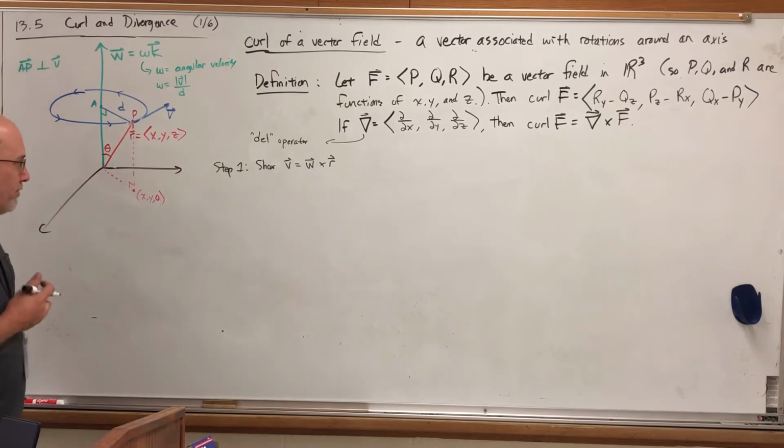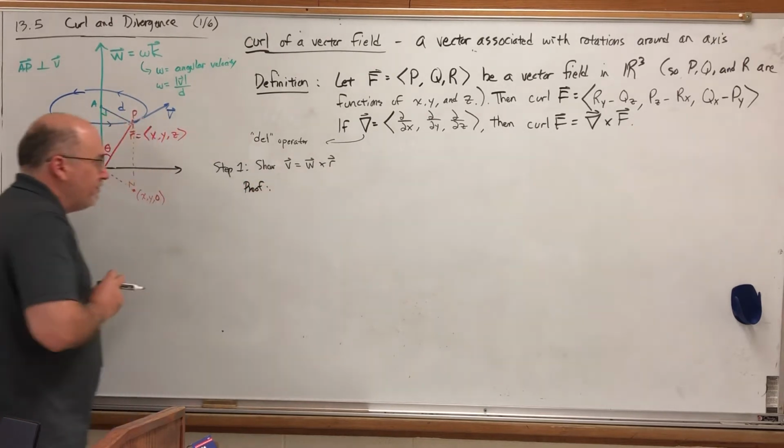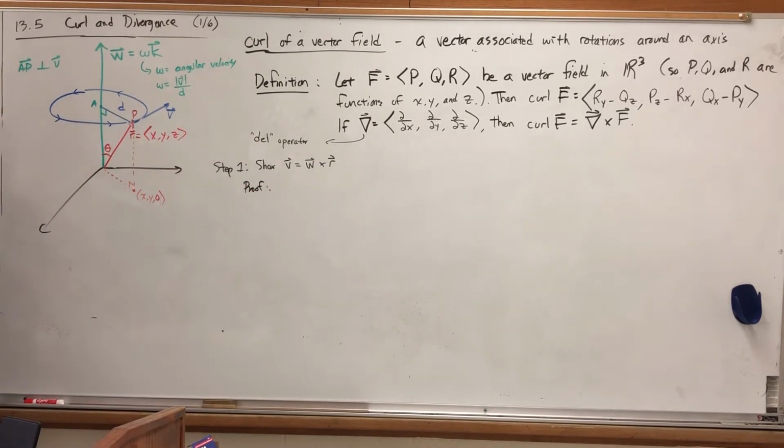Well, the first thing I want to point out is that V is orthogonal to the plane containing the green W and the red R. The fact that it's orthogonal to R should be evident by the fact that it's perpendicular to the D. And again, it's really kind of hard to see without pulling this. Actually, I can pull this.